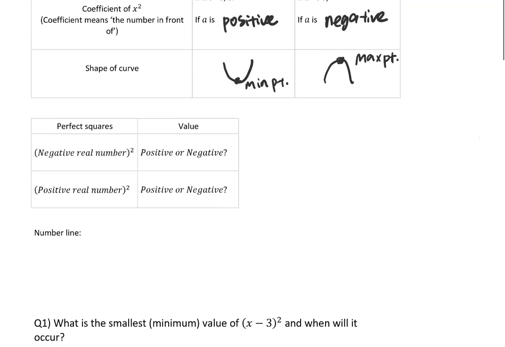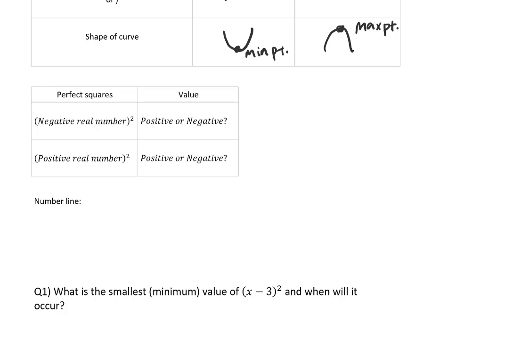Okay? So for perfect squares, if you were to square a negative real number, what will you get? You should get a positive value, right? Because a negative number squared means negative times negative, so it will be positive. And a positive real number squared is just positive times positive, so the result will be positive also.